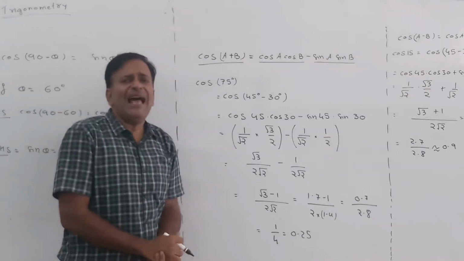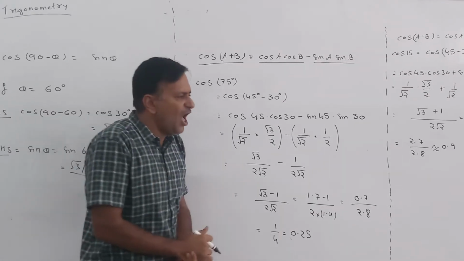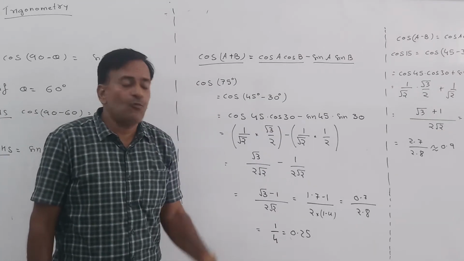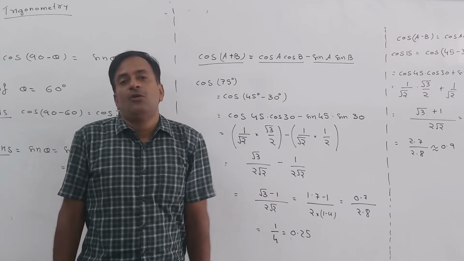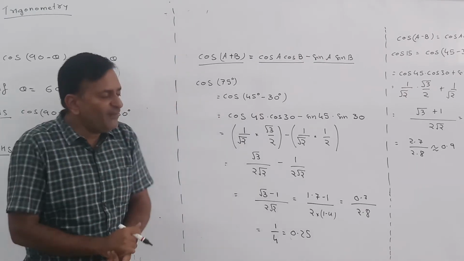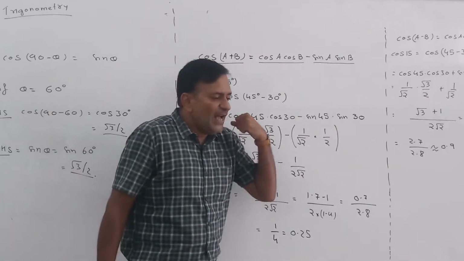We use these formulas because we know the values of, say, 0 degree angles. What is cos 0? We know. Cos 30 we know. Cos 45 we know. Everybody knows. Cos 90 everybody knows.